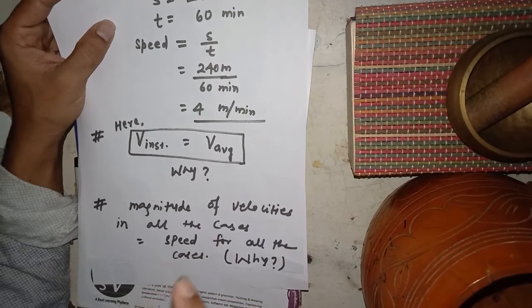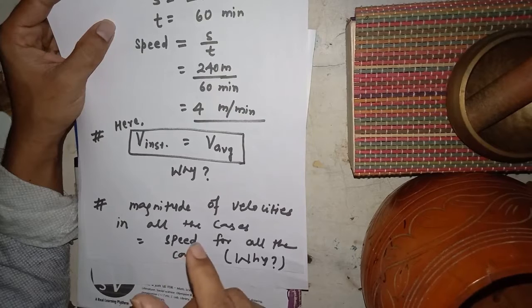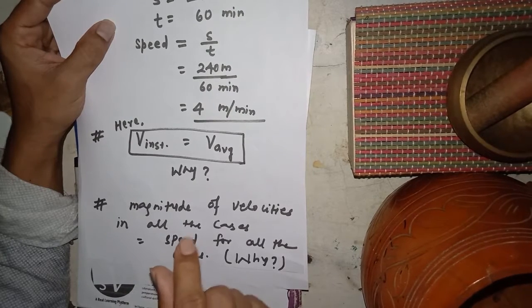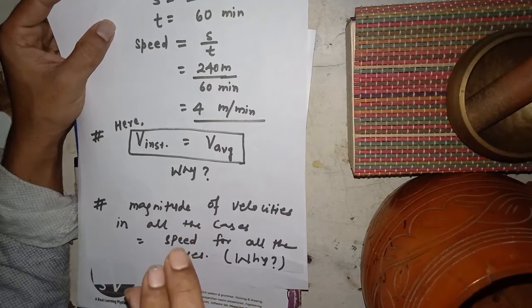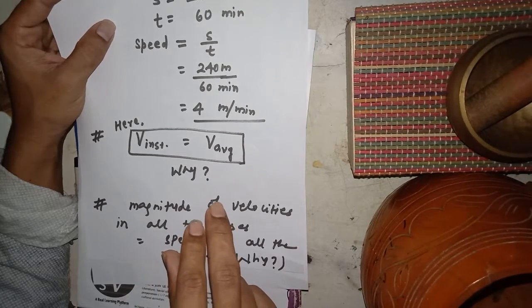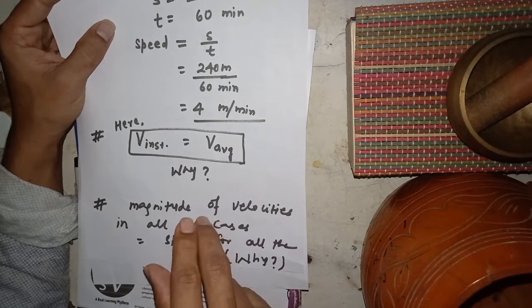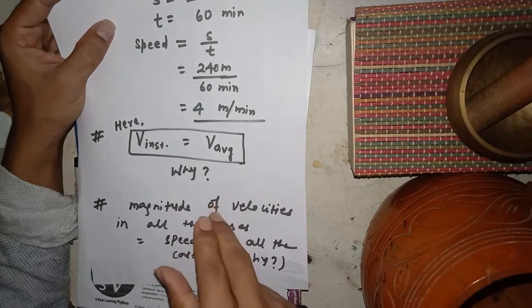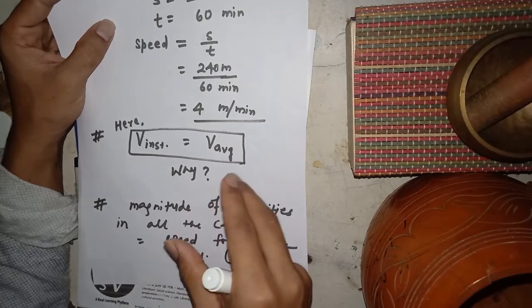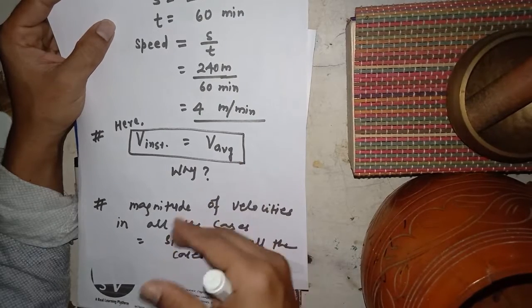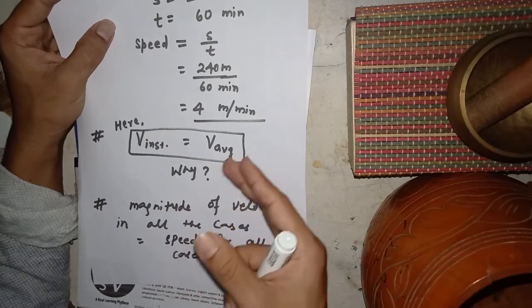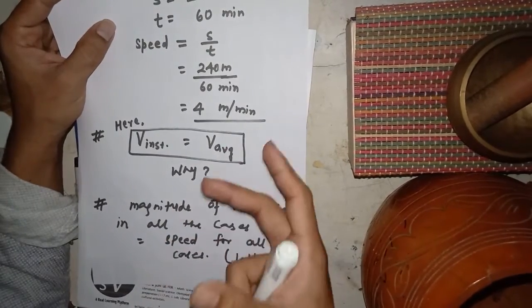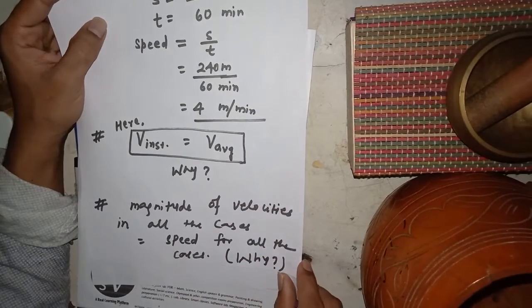So if the time interval is the same, the displacement covered by it must be the same. Then we can say that the speed or velocity is constant here. If an object covers equal distances or equal displacement in equal intervals of time, then it is called uniform velocity or constant velocity, or this motion is called uniform. Otherwise it is non-uniform or accelerated.